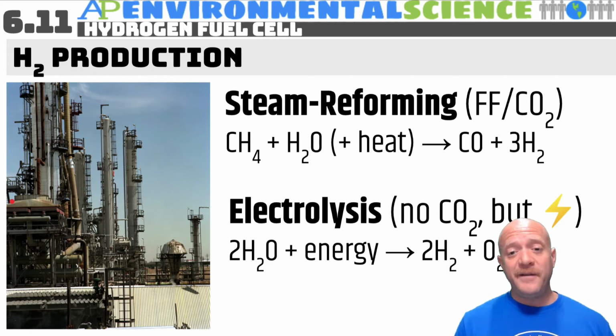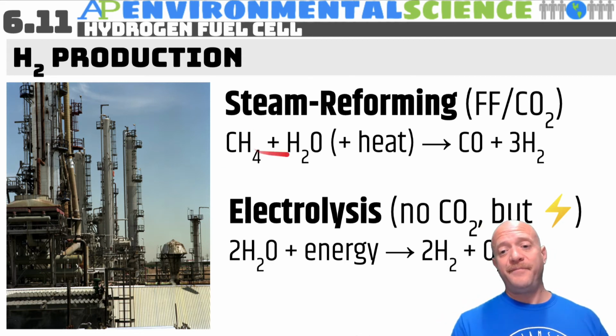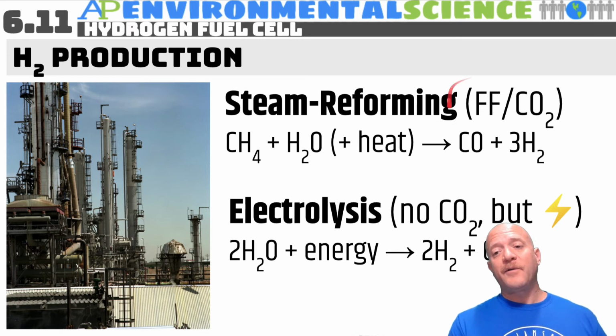With steam reforming, you're basically burning methane and adding heat to it, and you're getting carbon monoxide, but most importantly, you're getting a lot of hydrogen. This is producing a lot more hydrogen on the molecular level, but it requires fossil fuels of natural gas.